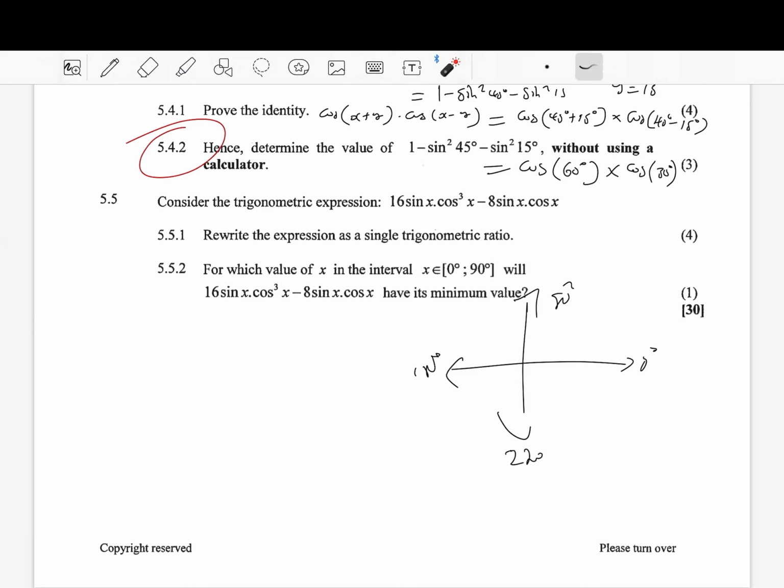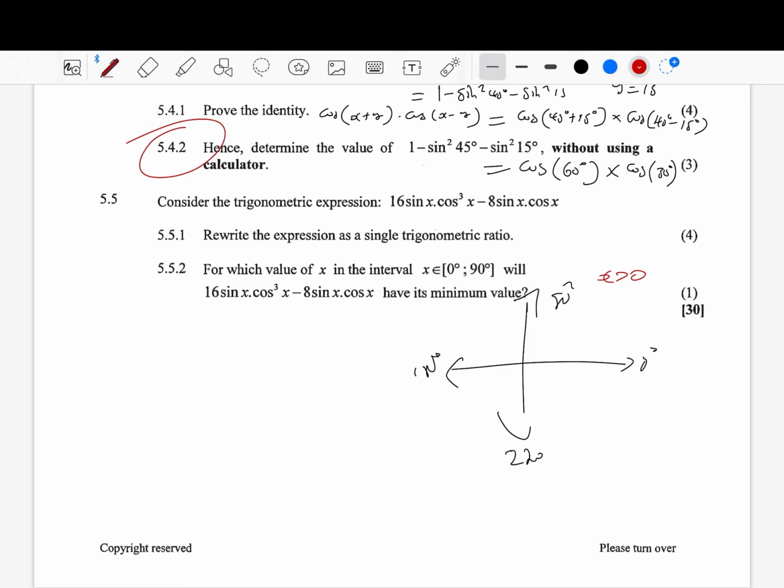To find that x is between 0 and 90 degrees, therefore x is positive. That's what they are saying there. Now they gave you, will this expression have a minimum value? So they want you to find a point where this expression has a minimum value.